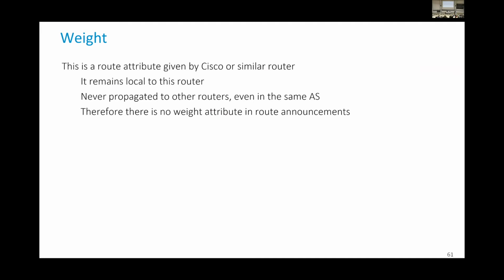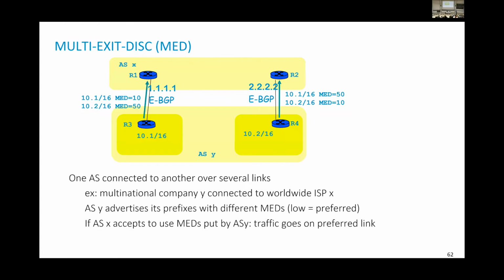BGP will apply all the rules in sequence and stop whenever it finds something that is better. So if you have out-of-band information that you want to prefer this route, then you can do it by giving a high weight to this route. The weights do not propagate to other routers, so this is just local information, unlike the local pref.